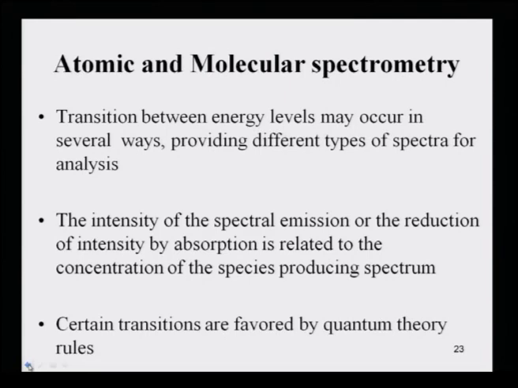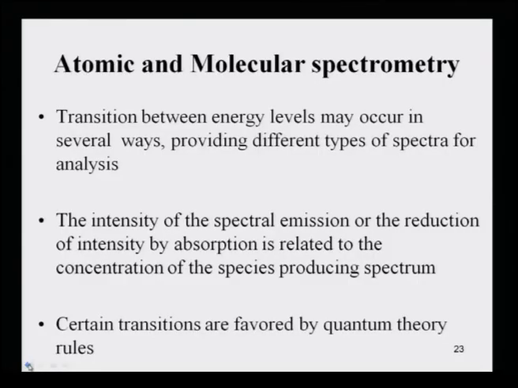The intensity of the spectral emission, or the reduction of intensities by absorption, is related to the concentration of the species producing the spectrum. So, when we look at the intensities of the spectrum, it will be either emitted or absorbed.